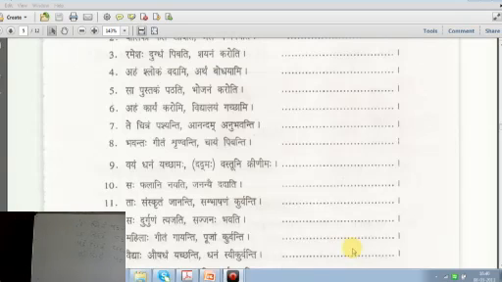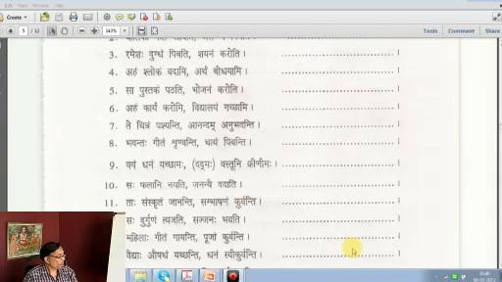So we'll go. What is the next? Eighth one. Bhavantaha shrunvanti chayam pibanti. It's a modern sentence. You all listen to a song and drink tea.